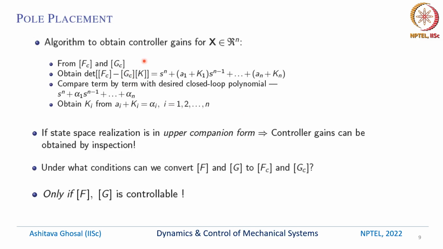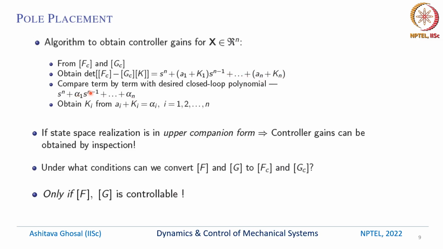So the algorithm to obtain controller gains when it is n dimensional is, first, form the FC and GC matrices. So find F and G in the controller canonical form, then obtain the determinant of sI minus (FC minus GC K), which will be an nth degree polynomial of the form s^n plus (A1 plus K1) s^(n-1), and so on, up to An plus Kn.